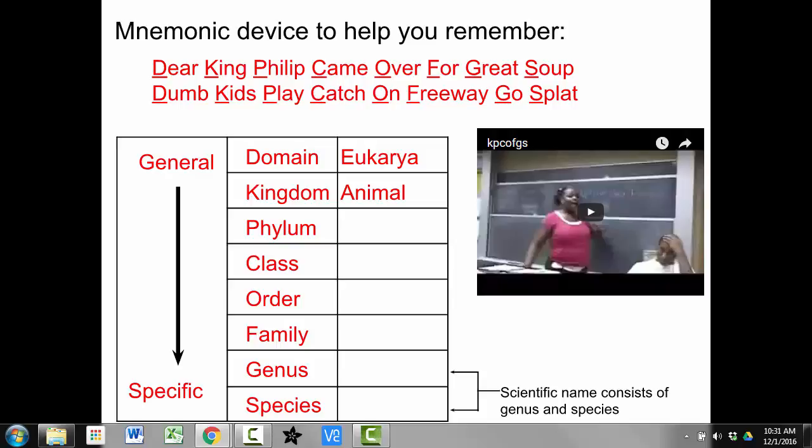What does it mean? We just talked about it with the bears. Phylum. We are vertebrates. We have a backbone, a spinal cord. That phylum is called Chordata. Chordates. Our class is something you're familiar with, mammals.